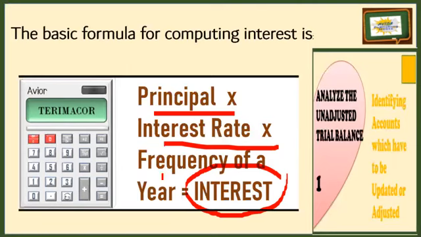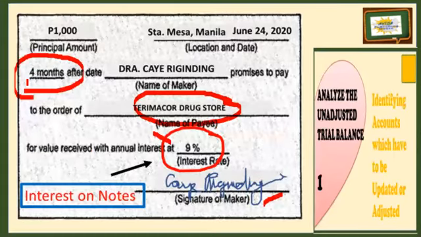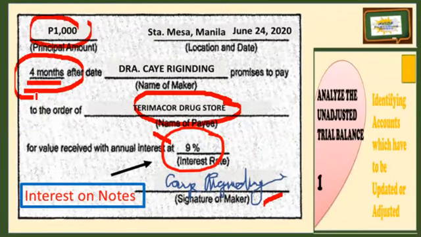The frequency of a year means the duration. So this is the frequency of the year, this is the interest rate, and this is the principal. Principal times rate times frequency.